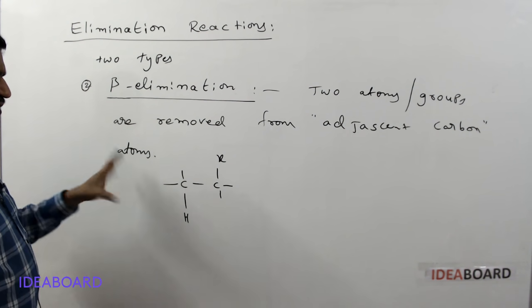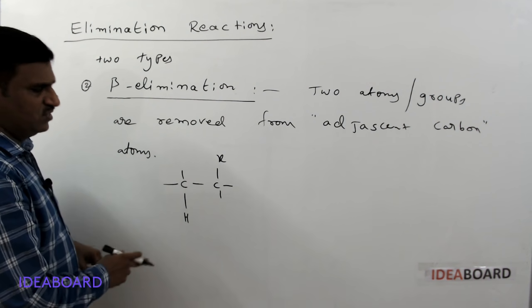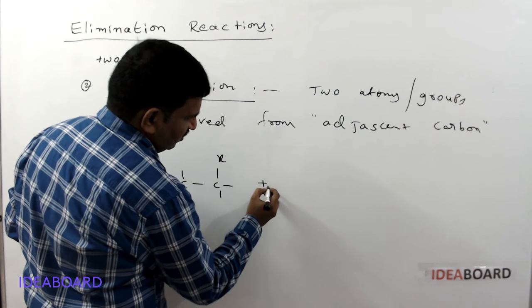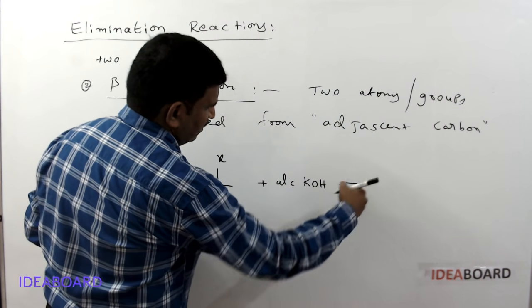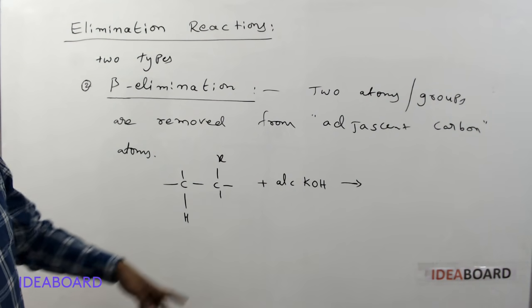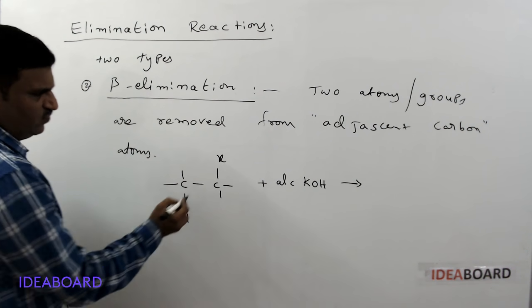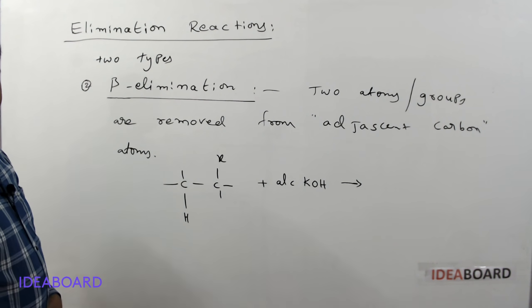Simply on this carbon atom we have a halogen, on this carbon we have a hydrogen. And now I am using alcoholic KOH. Alcoholic KOH, we know from first year, is a powerful dehydrohalogenation reagent. Here we are removing the halogen and here we are removing the hydrogen.